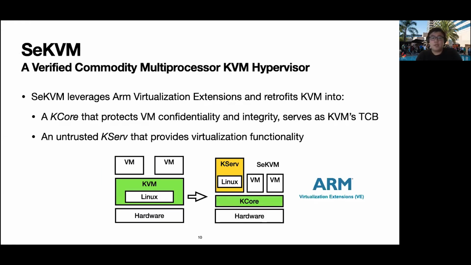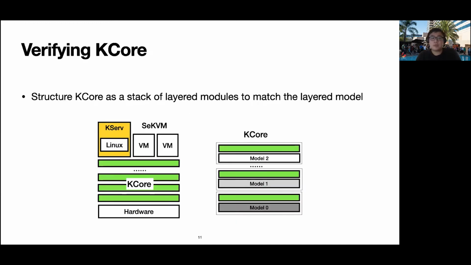To verify KVM, SeKVM leverages ARM virtualization extensions and retrofits KVM into a small KCore and a large set of hypervisor services, KServ, such that we can verify the entire KVM hypervisor by reasoning about just KCore. We structure KCore's implementation as a hierarchy of layered modules that build upon the hardware and each other. We construct KCore and the layered model to match each respective layer to an appropriately abstract machine model.